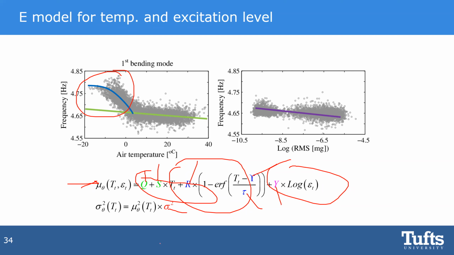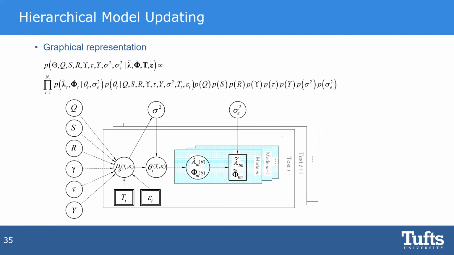And for the uncertainty, I also say 7. So this becomes my hierarchical. I am not updating my theta. The classical will just update theta. The hierarchical says mean and variance of theta.